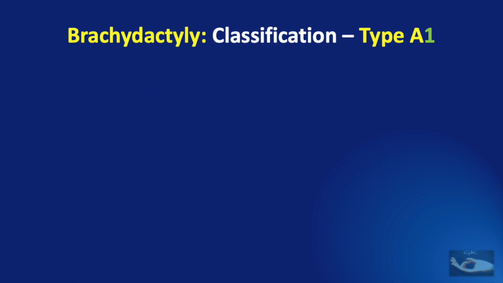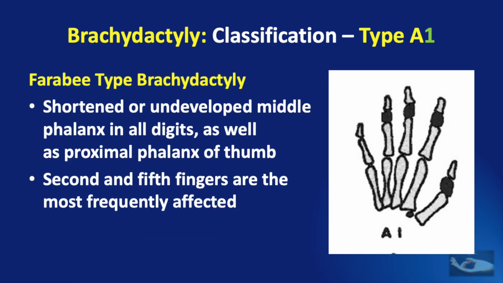Type A1 is sometimes known as the Farabee type brachydactyly, where there is shortened or underdeveloped middle phalanx in all the digits as well as the proximal phalanx of thumb. But the second and fifth fingers are most frequently affected.